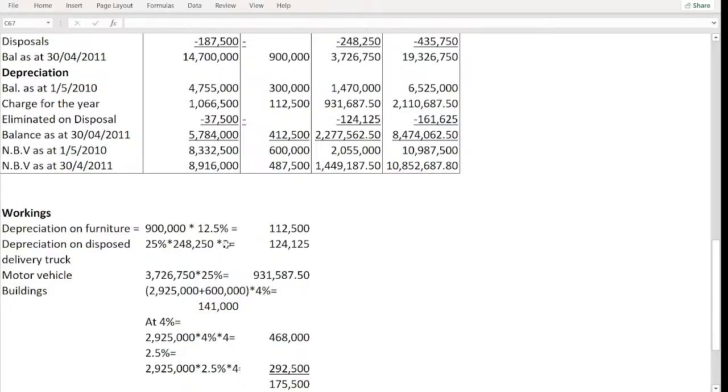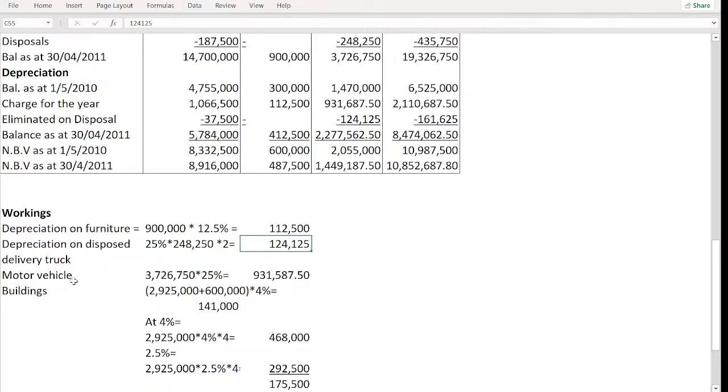So for the 3 years, we subtract the 1 year that was for disposal, so we are going to calculate it for 2 years. The depreciation rate is 25% times the cost times the 2 years. We get 124, so that is the depreciation on the disposed delivery truck.